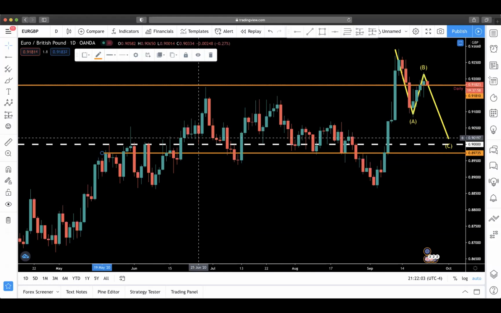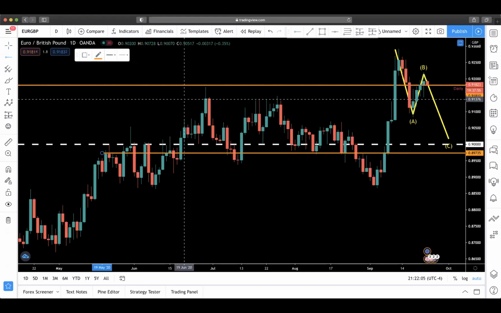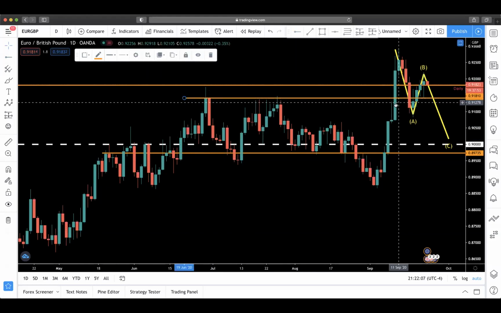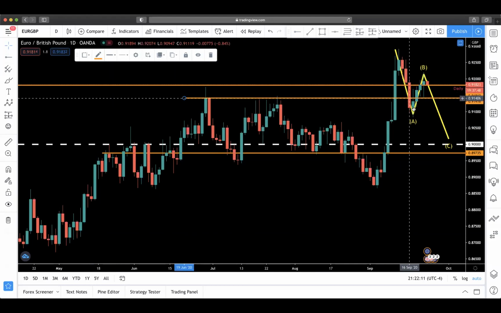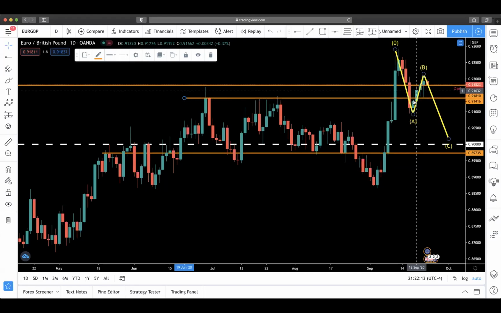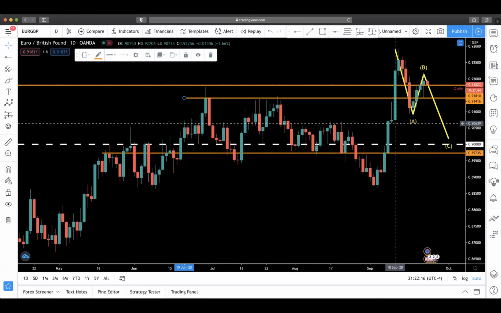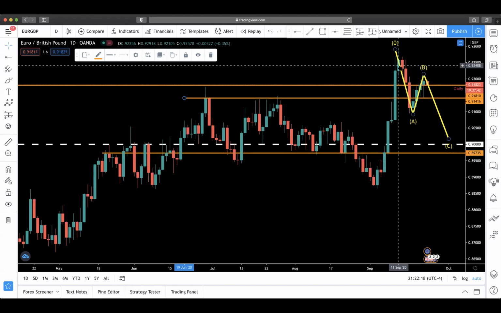For instance, the high right here, this huge candle broke it. Retest it, bounce, but the bounce didn't have any momentum in comparison to this. This is what we have to pay attention to.